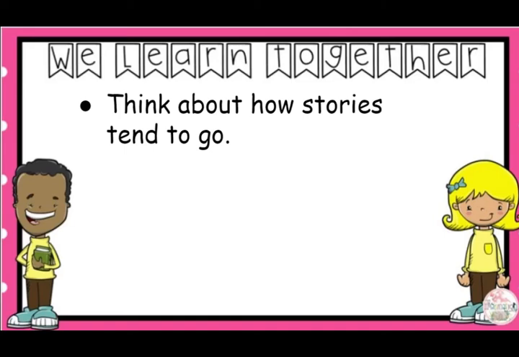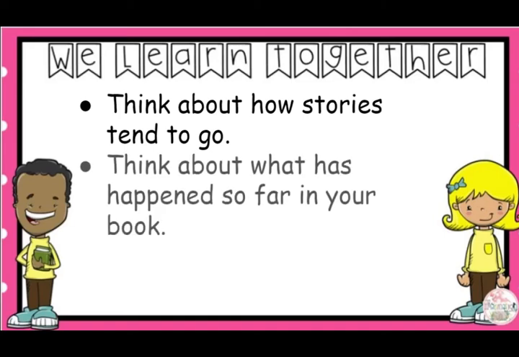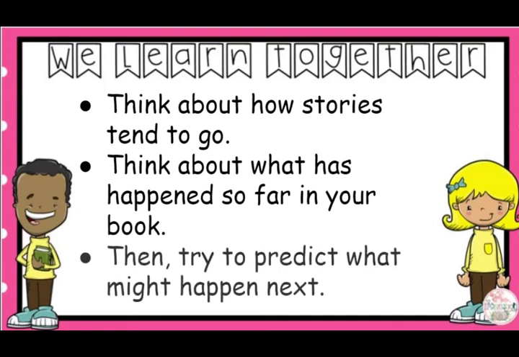Think about how stories tend to go and about what has happened so far in your book. Then try to predict what might happen next. You can write it on a Post-it, or you can use your digital reading notebook to write down your predictions.